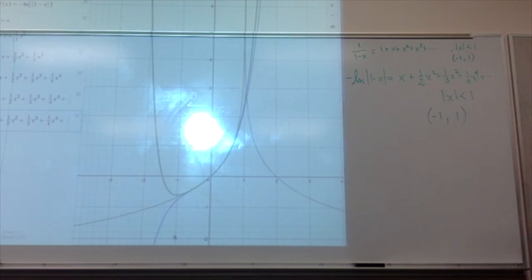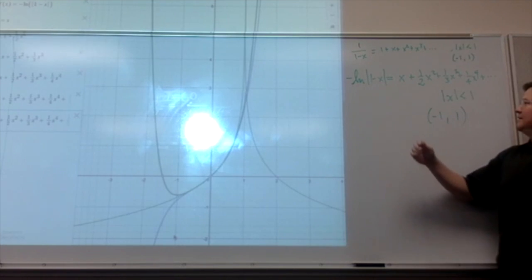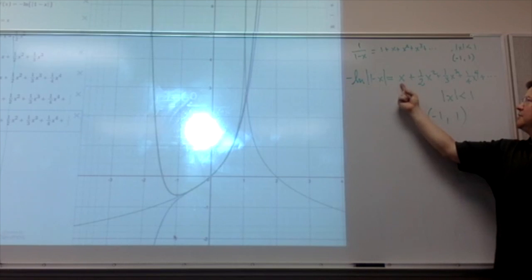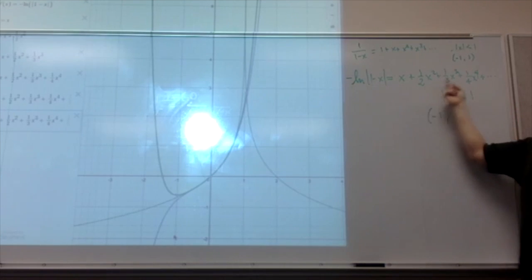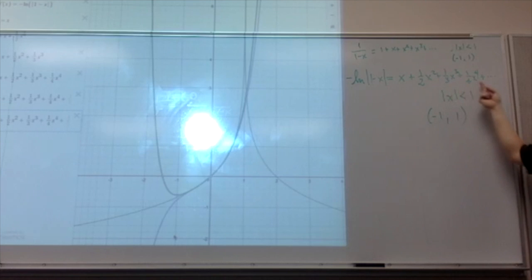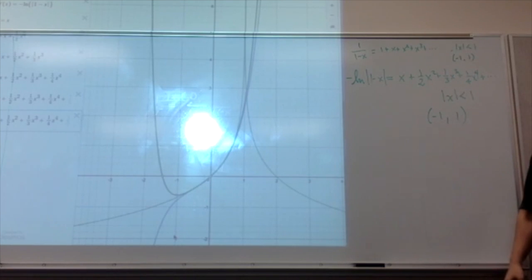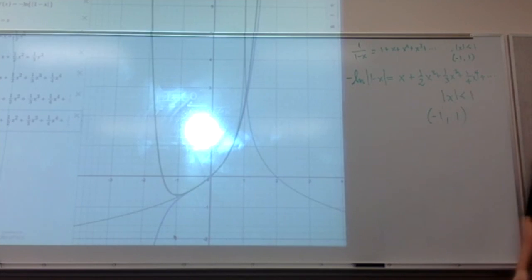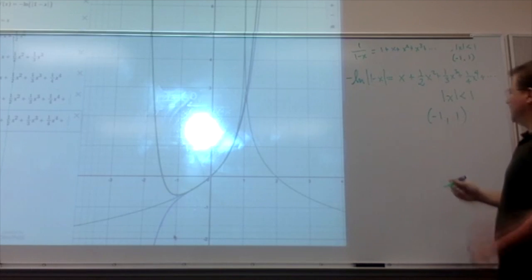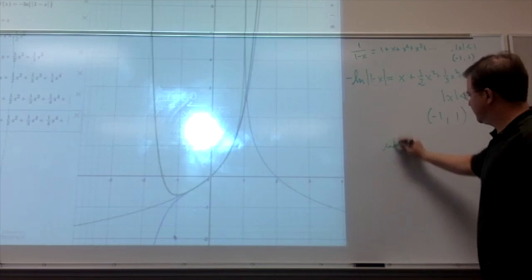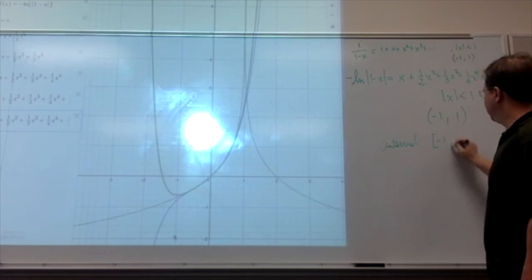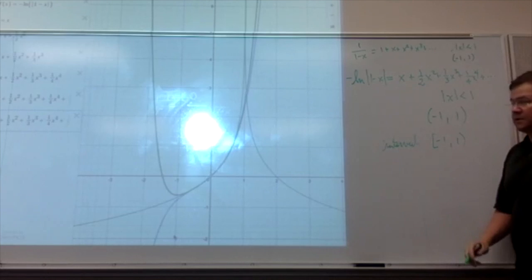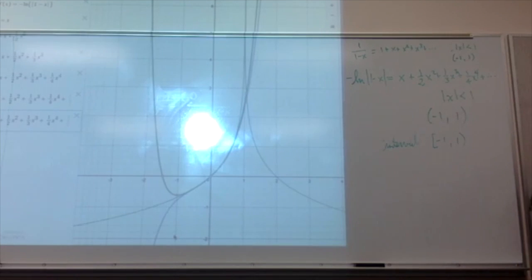If I plug in -1, that would be -1 plus 1/2 minus 1/3 plus 1/4. Oh, yeah. That's an alternating harmonic series, and that one does converge. So interesting, right? In this case, the actual interval of convergence goes from -1 to 1, including -1, but not including +1.